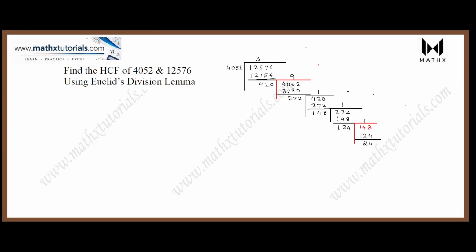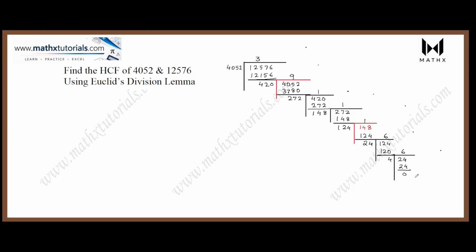Now we divide the previous divisor once again by 24 and we get 6, so 120, and then we have a 4. Once again we divide the last divisor by 4 and we get 4 sixes are 24 and the remainder is 0.